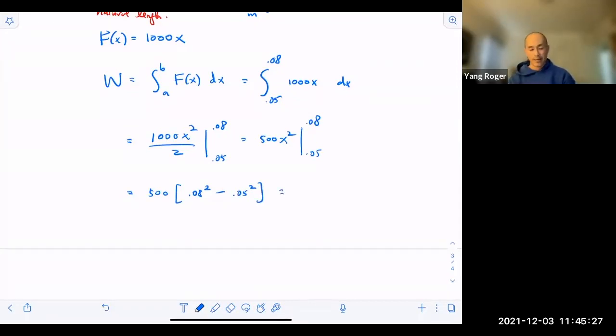So I can pop that into my calculator. I got 500 parentheses 0.08 squared minus 0.05 squared, close parentheses, enter. I get 1.95 newton meters. And that's going to be my answer.